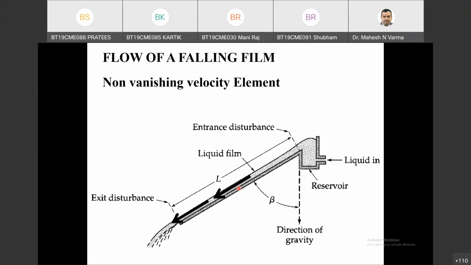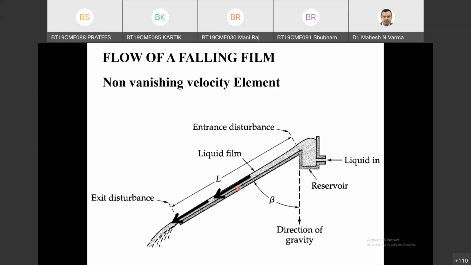Can anybody tell me how? If I want to study the flow characteristic inside the cyclone separator, the flow characteristic of the fluid, water or air moving in a cyclone separator, you need to use multiple coordinate systems. So can anybody elaborate? Yeah, somebody.